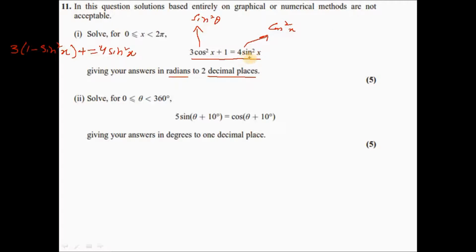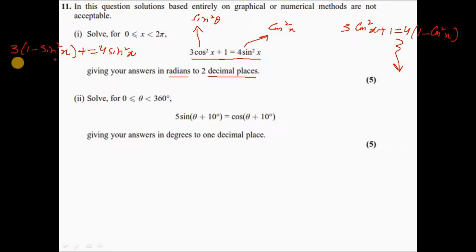If you wish, you can convert sine square into cos square, so your equation would be 3 cos square x plus 1 equals 4 times (1 minus cos square x), and you can simplify it in terms of cos as I'm doing here for sine. So let's see, I'm solving in terms of sine.